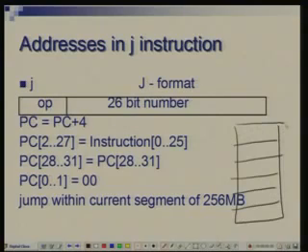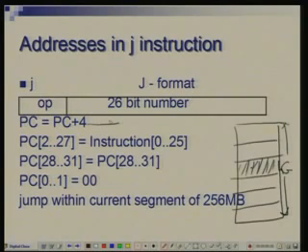So, suppose this is 4 GB, and each of the segments is 256 MB. If your current instruction is here, you can jump anywhere in this region. Of course, there will be an exception case: if the jump statement was the last statement of a segment, then jump will occur in the next segment because of this initial value of PC.